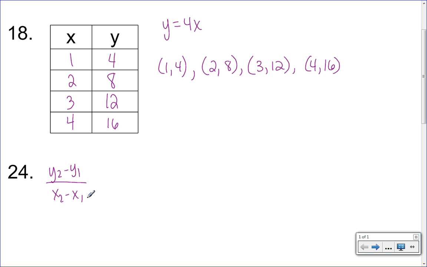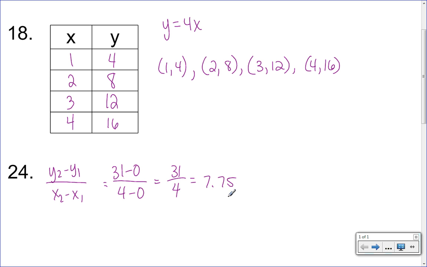So if we look at the first 2 columns in the table, the difference in the y coordinates is 31 minus 0. And then the difference in the x coordinates is 4 minus 0. So it's 31 over 4. And when we divide those, we should get 7.75.